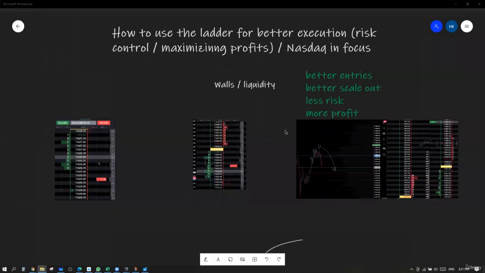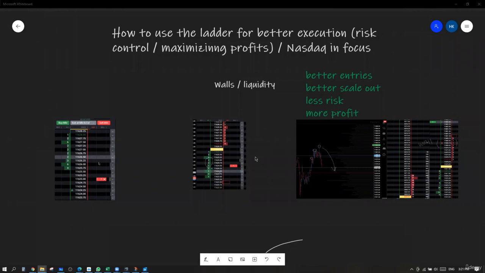In this section, we will cover how to use the ladder of the depth of market for better execution, which will give us better risk control and maximize our profit. Our discussion today will be focused on the NASDAQ as a thin tradable futures product.